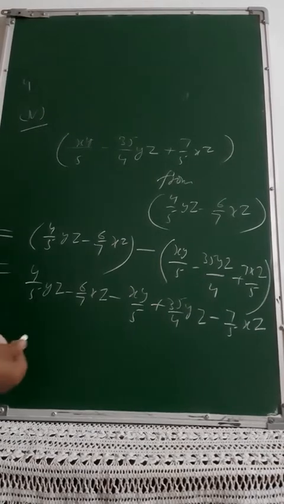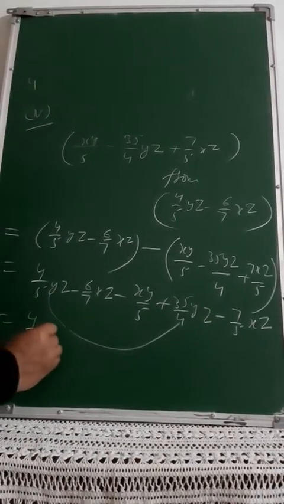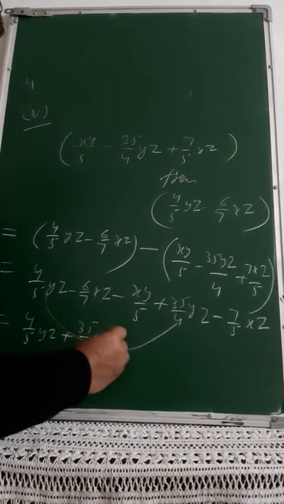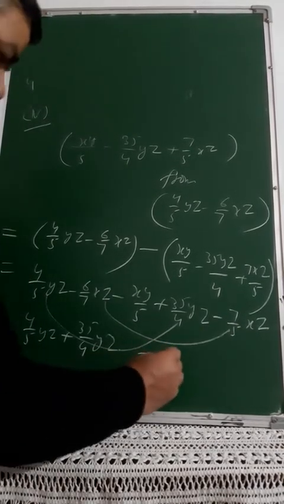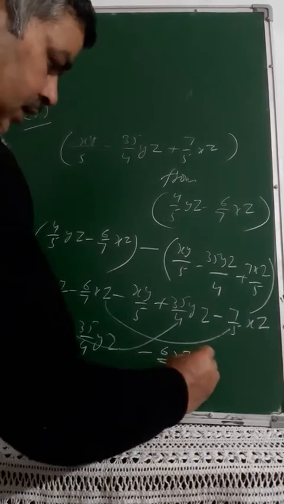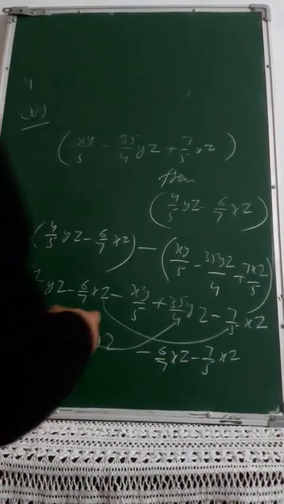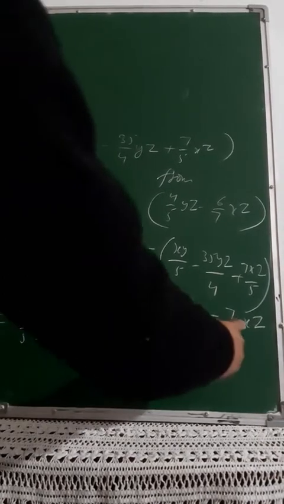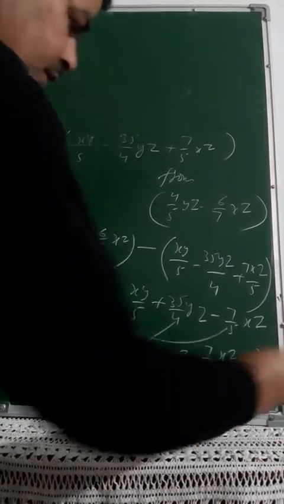Now please club the like terms. yz with yz: 4 upon 5 yz plus 35 upon 4 yz, and xz is there, so minus 6 upon 7 xz minus 7 upon 5 xz, and finally this xy is alone there. yz I have clubbed with yz, xz I have clubbed with xz, no other term is there, so write it individually, minus xy upon 5.